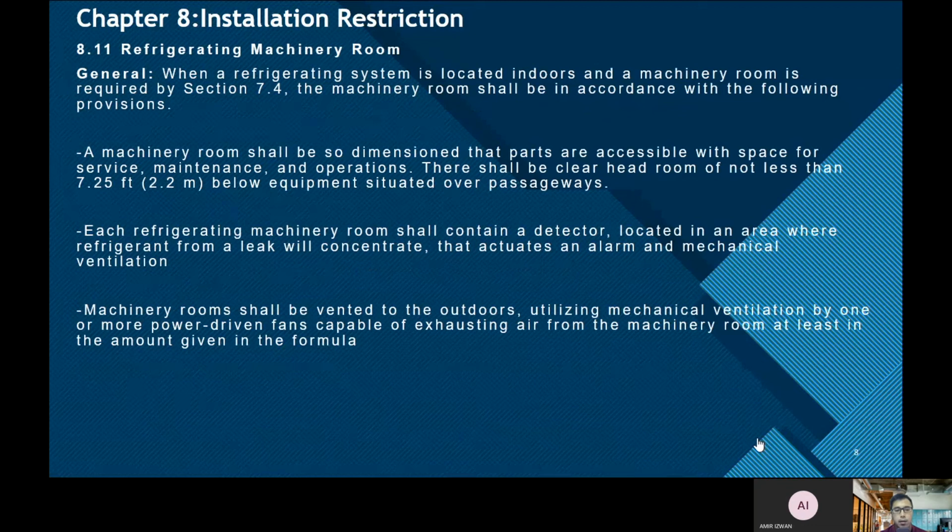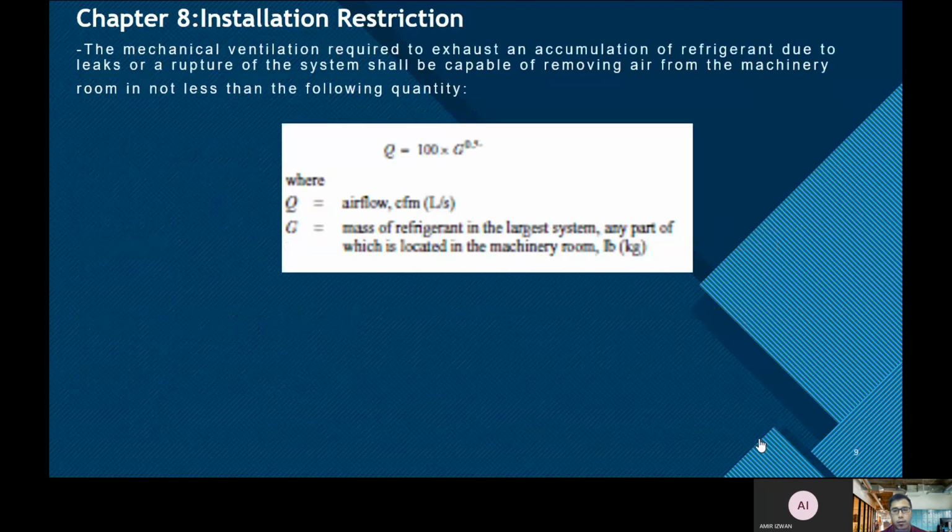So the machinery room shall be vented to the outdoors, utilizing mechanical ventilation by one or more power-driven fans capable of exhausting air from the machinery room at least in the amount given in the formula. So the mechanical ventilation required to exhaust an accumulation of refrigerant due to leaks or rupture of the system shall be capable of removing air from the machinery room in not less than the following quantity.